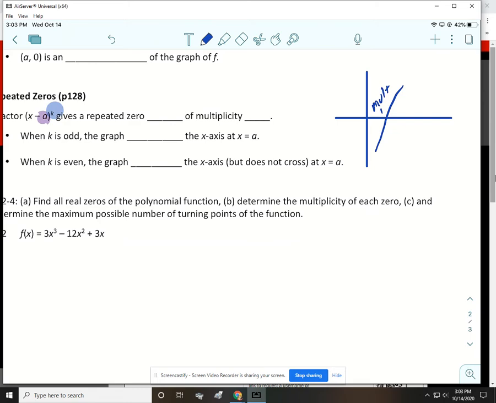If it has an even multiplicity, it's going to touch it and then bounce back. If it has an odd multiplicity, it is going to cross. That should be the 1 right there. It's going to cross it for sure. But if the multiplicity is odd but greater than 1, it's going to have a little bend in it. So that would be a multiplicity of 3 or 5. So odd, but greater than 1, it would have a little bend.